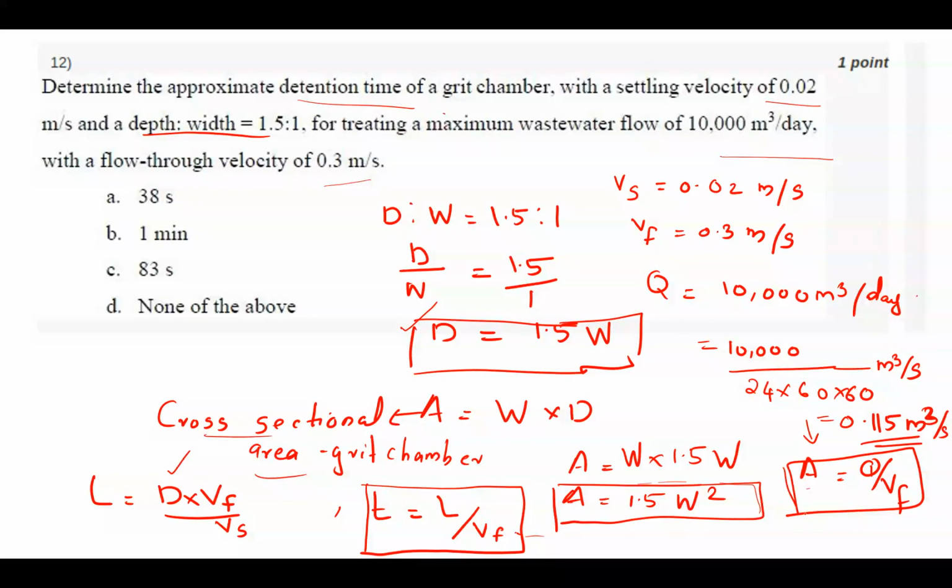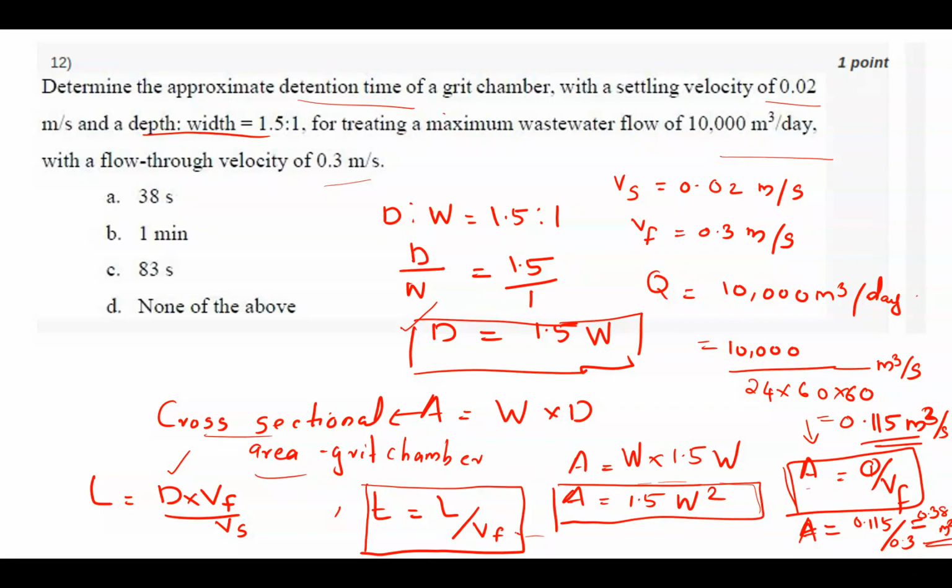Yes. So then we can calculate A. Area is equal to flow rate, 0.115, divided by VF, which is 0.3. So area is 0.115 divided by 0.3, that is 0.38 meter square.